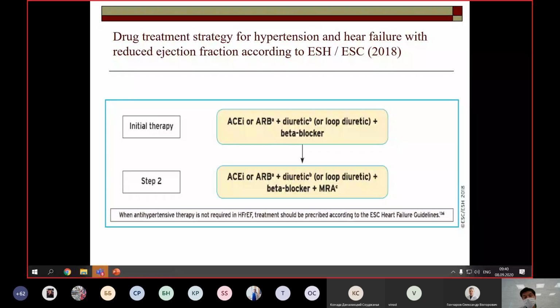please add an MRA, a mineralocorticoid receptor antagonist. We usually use spironolactone or eplerenone in this case. Pay attention that eplerenone is more specific, with higher tolerability and safety in contrast to spironolactone.